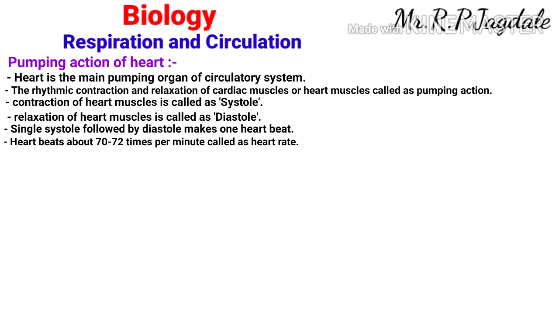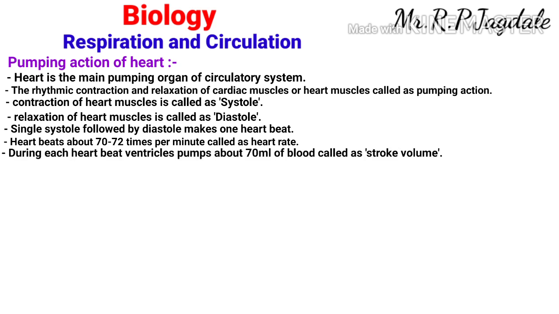And during each heartbeat, the ventricles pump nearly 70 ml of blood. That is very important. The 70 ml of blood pumped in each heartbeat is called stroke volume. So stroke volume is 70 ml.